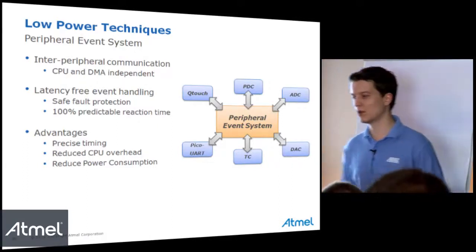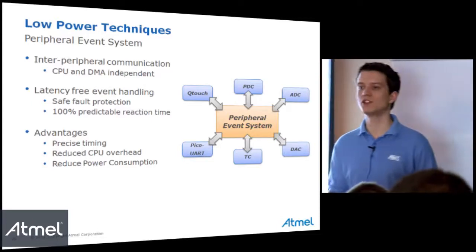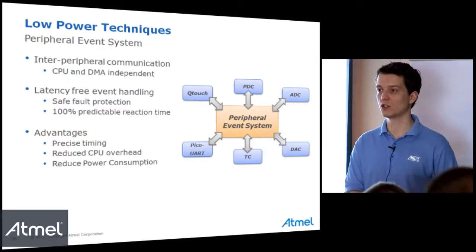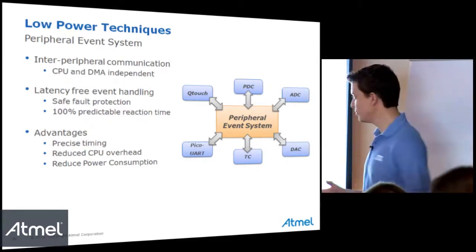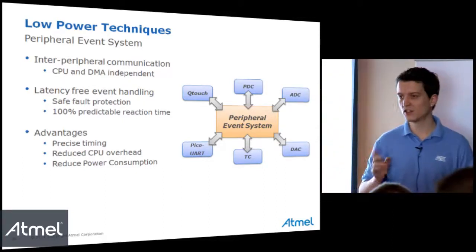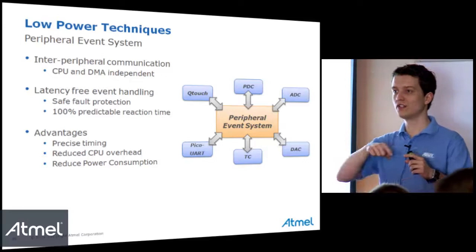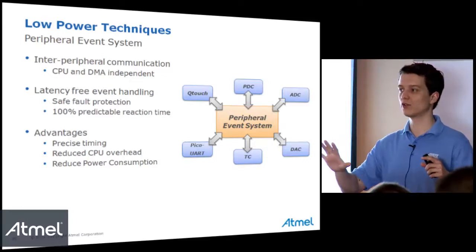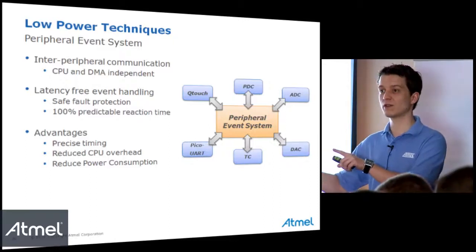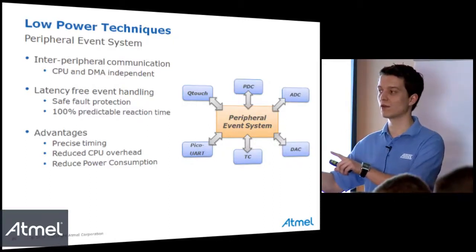If you want to perform a specific acquisition in an application using an ADC, and this acquisition must be triggered by a push button, we can use, for example, the external interrupt controller to generate an event to a timer counter that will also generate the sampling frequency of the ADC.